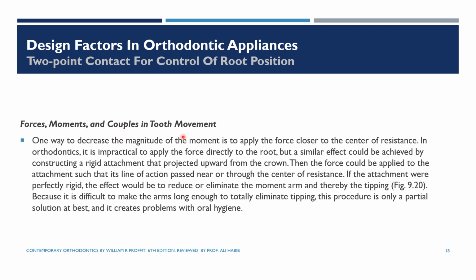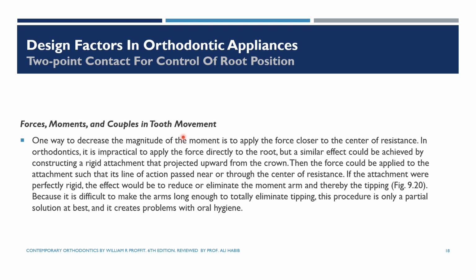So how can we overcome this moment? Just to remind you again that the force, because it's at the crown, will create a moment, which we call MF, which is the bad guy. What we want to do is apply an opposite moment, which we call the counteracting moment. And we have like 2 or 3 ways of doing it.